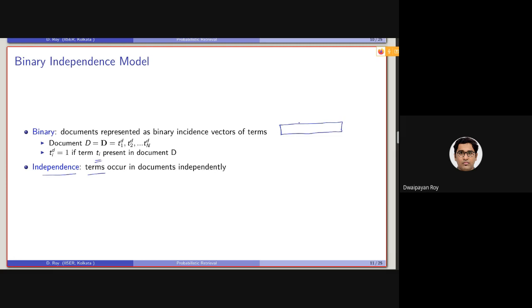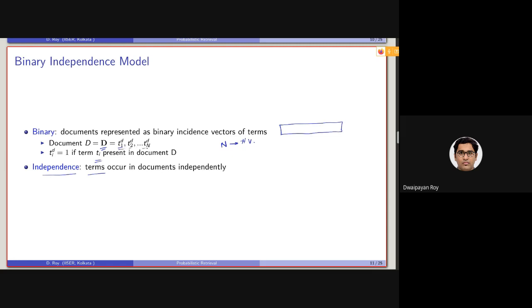There will be some ranking here as well, but here binary indicates that each document can be considered as a vector, where n is all the terms in the vocabulary, and the individual component of the vector will be some term weights.